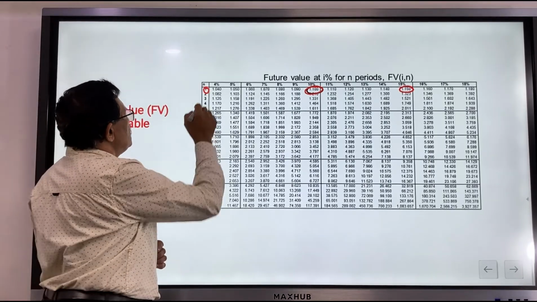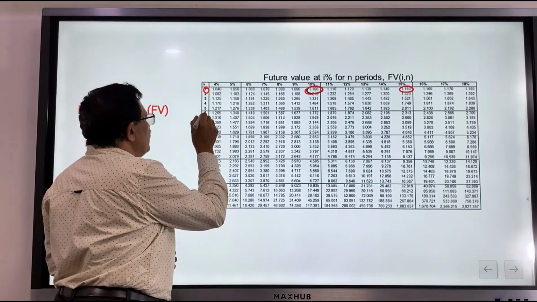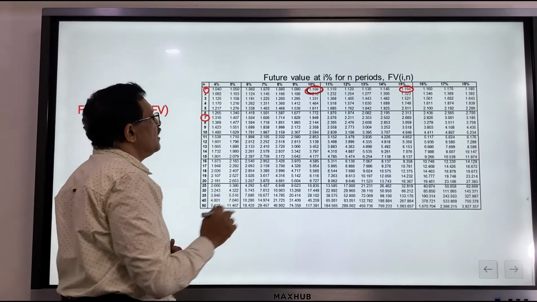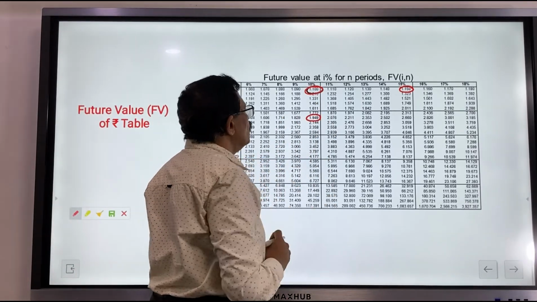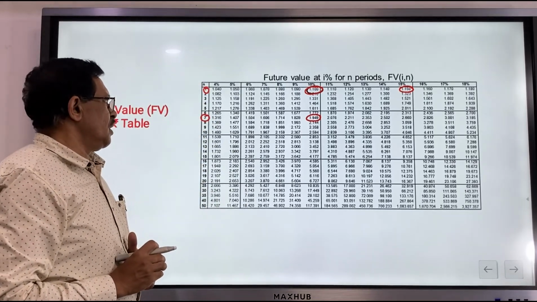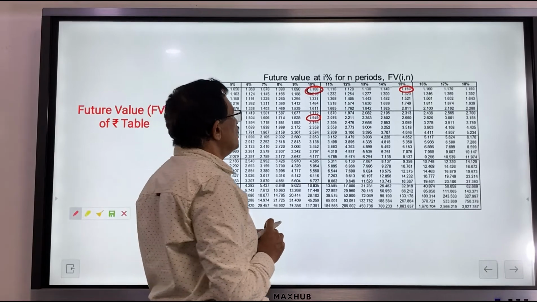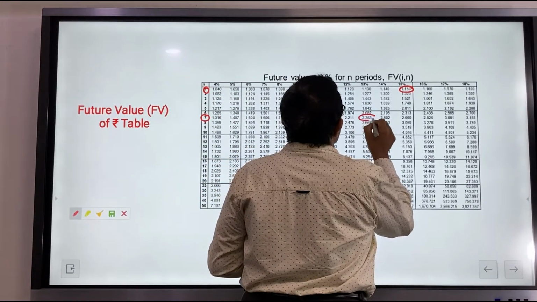If you invest 1 rupee for 7 years at the rate of 10%, the 1 rupee will become 1 rupee 94 paise. And if you invest at 13%, it becomes 2.353, that is, approximately 2 rupees 35 paise.